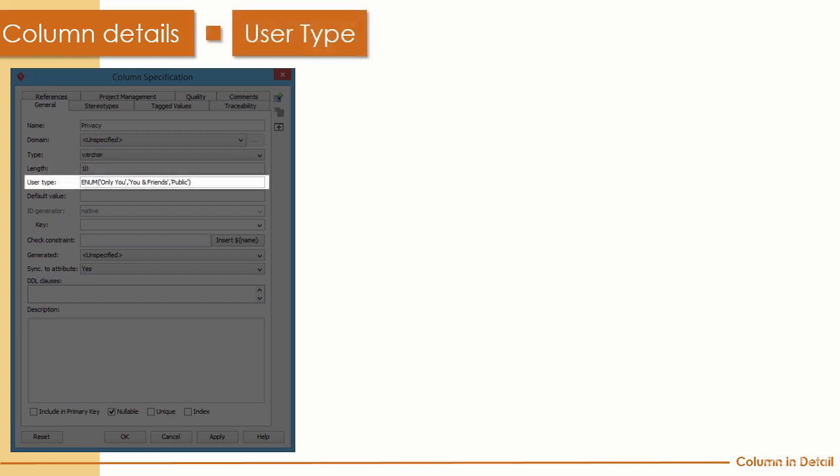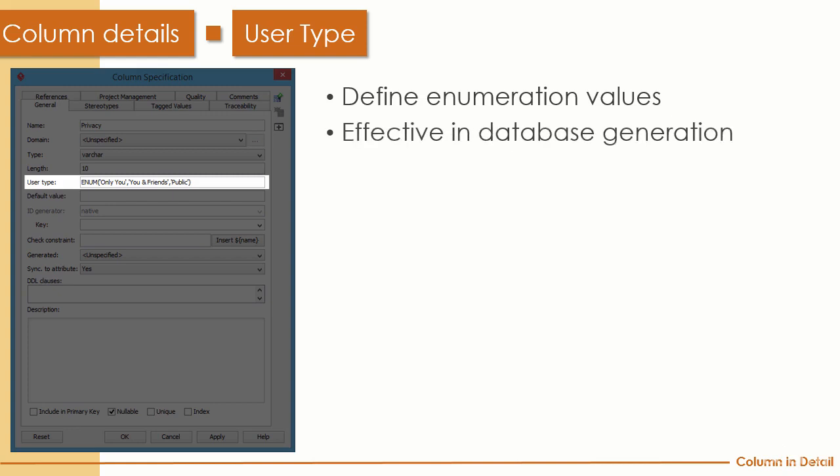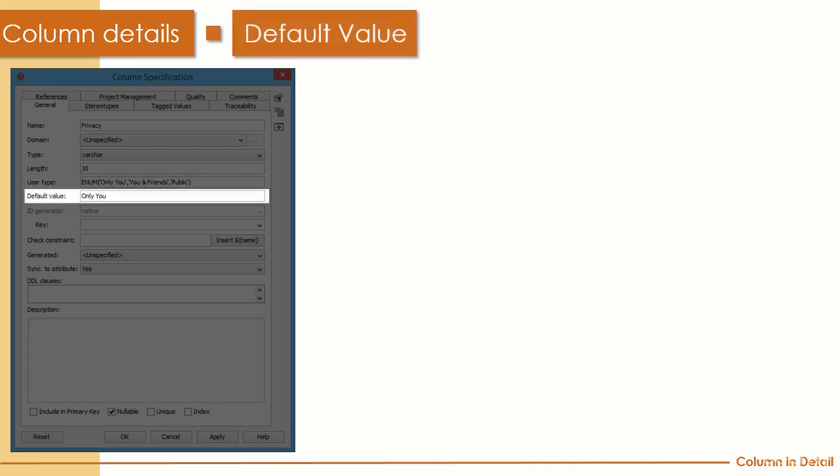The user type. User types are for you to define your own types rather than using the database built-in data type. For example, you use enum to build your own settings. And the user types are only effective when you generate the database. Under the user type, you will see the default value.